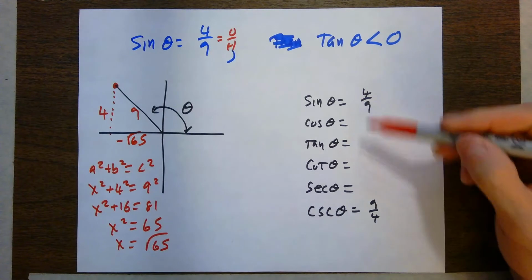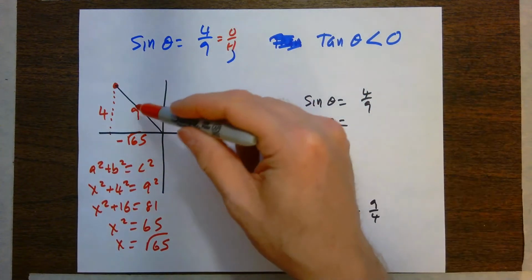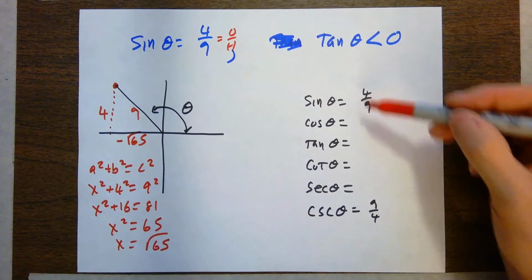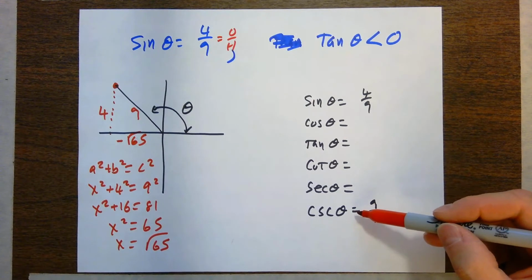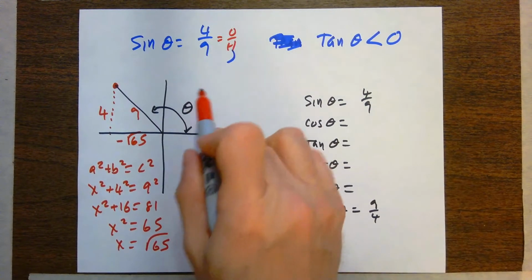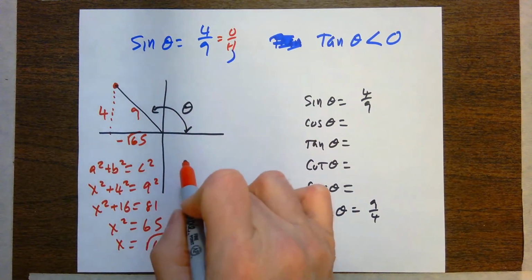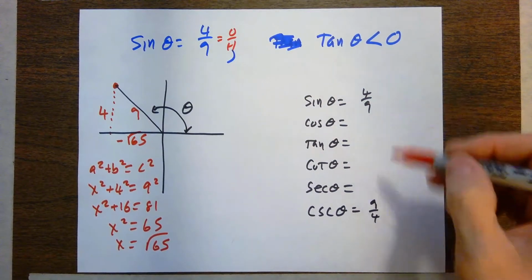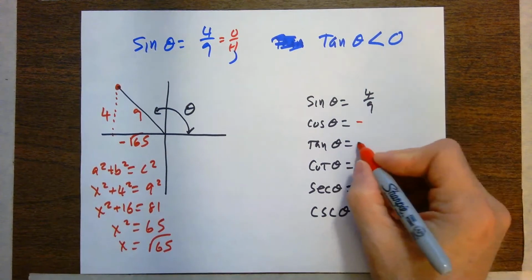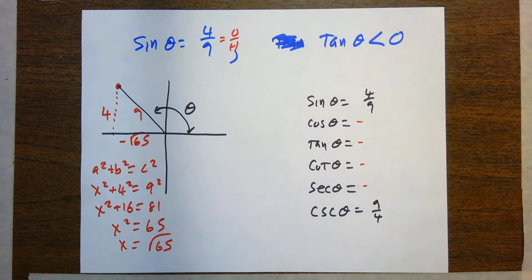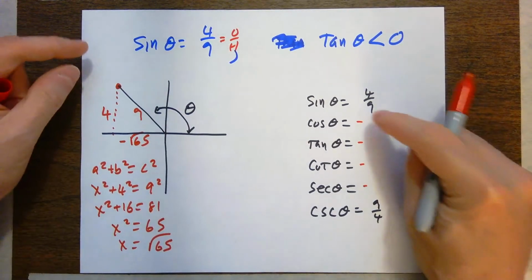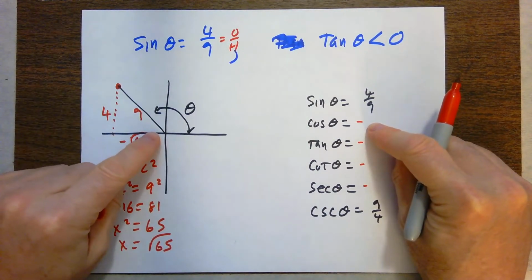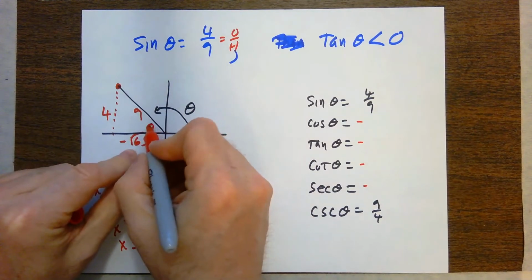If I take a look at these, in the second quadrant, I know that sine and cosecant are going to both be positive because all students take calculus. Everything else is going to be negative. Well, what's the cosine? Here's my reference angle.